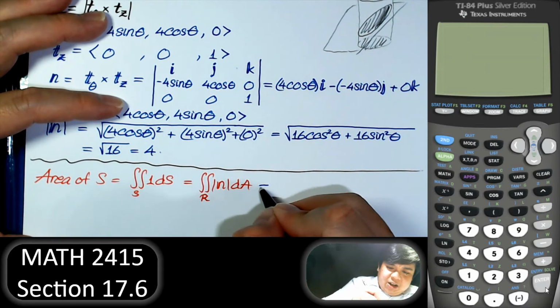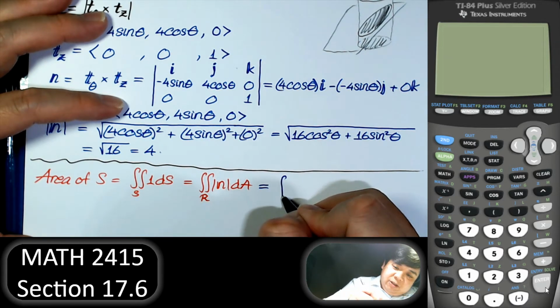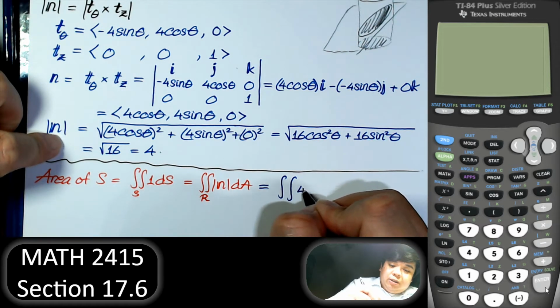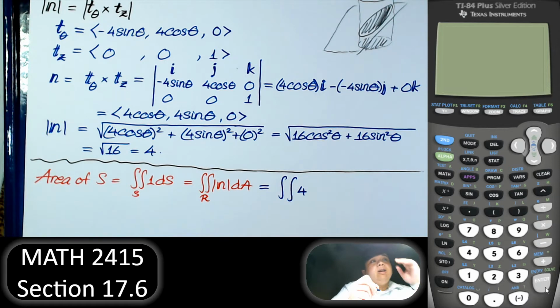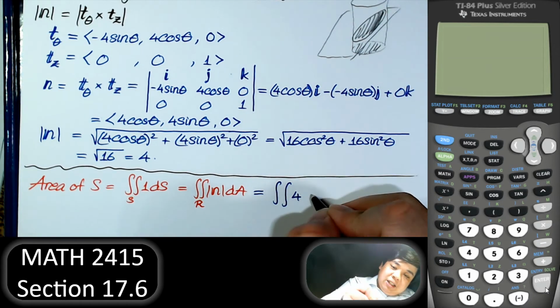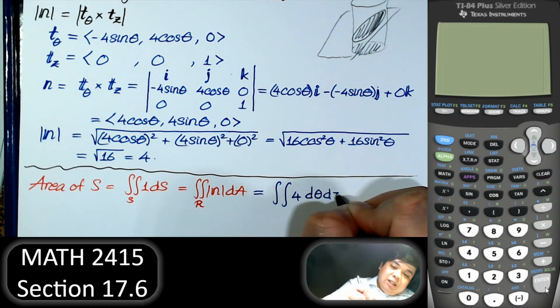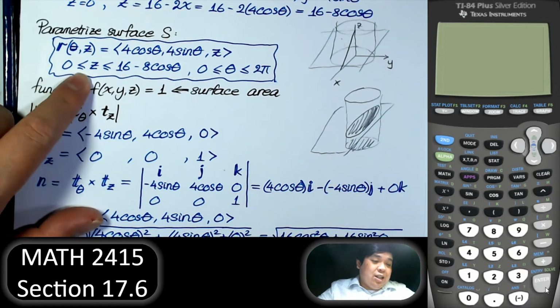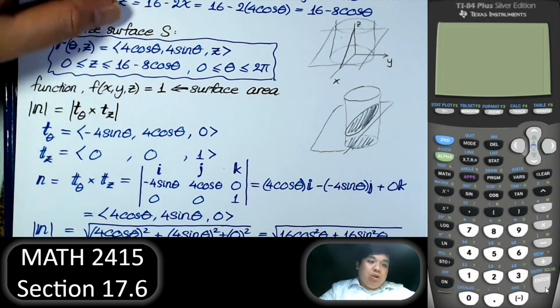Now it's different here on the limit though. By the way, the normal vector is 4. dA is d theta dz. Oh, it's not dz d theta. Let's take a look. Z is between, oh, this is not between two constants.